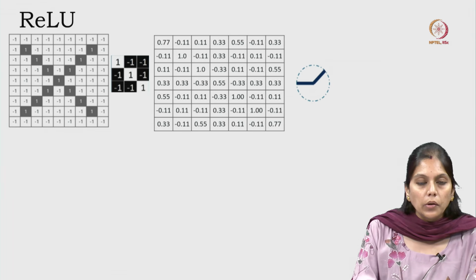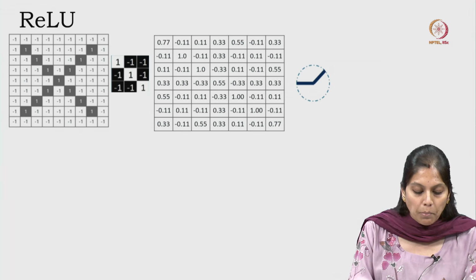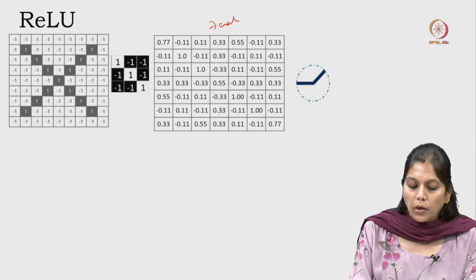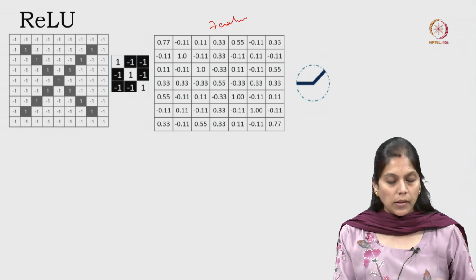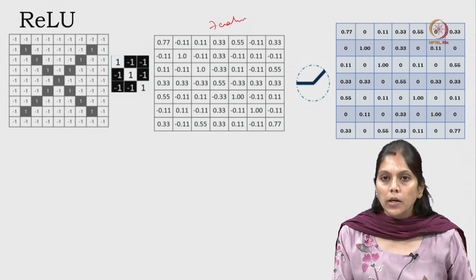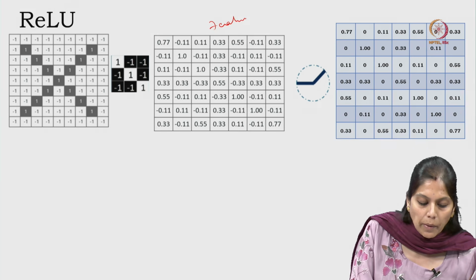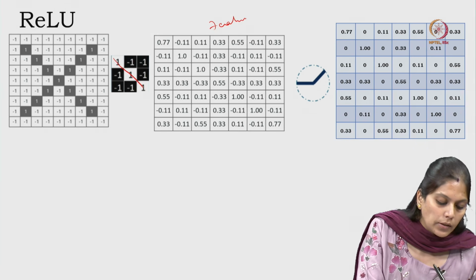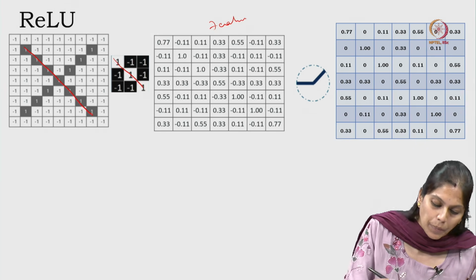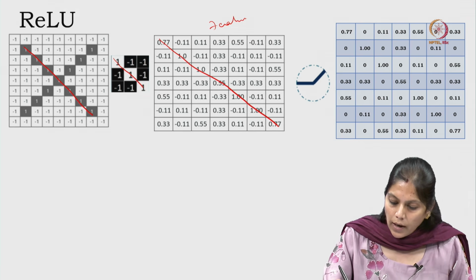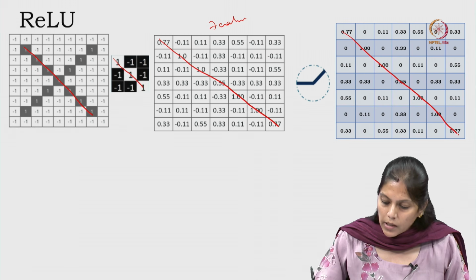Now if you look into this, this is an input image. To this input image you have applied this kernel, and this is the feature map that we have obtained, and when you pass it to ReLU activation, this is the feature map that we have obtained. So this particular kernel has extracted this feature. That is where you can see this entire value is high, and the same values are retained here.